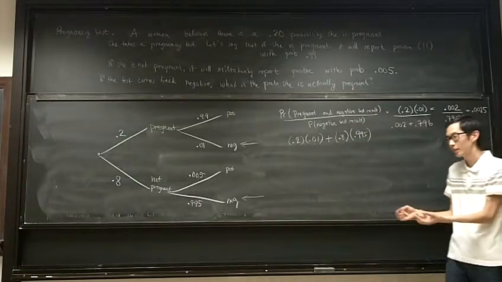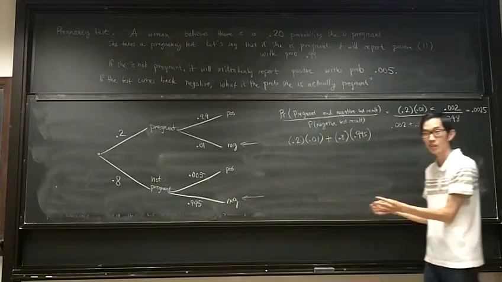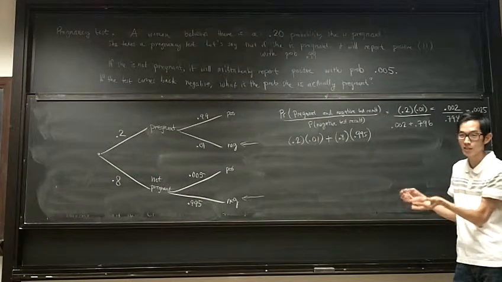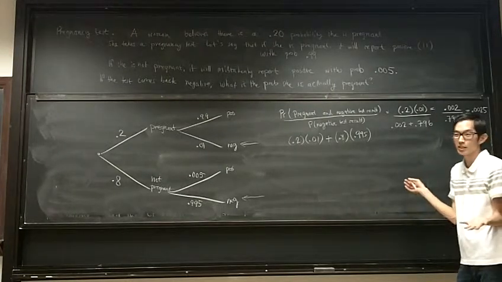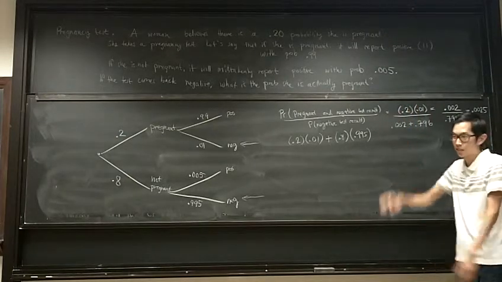On the other hand, if a woman says there's a slight chance that I'm pregnant, and the pregnancy test comes back positive, then suddenly the probability that she's actually pregnant dramatically rises, right?